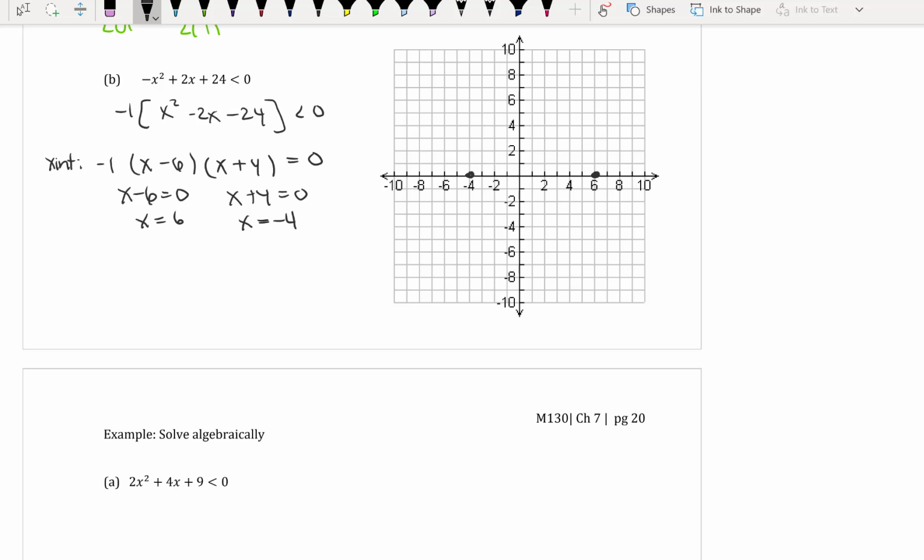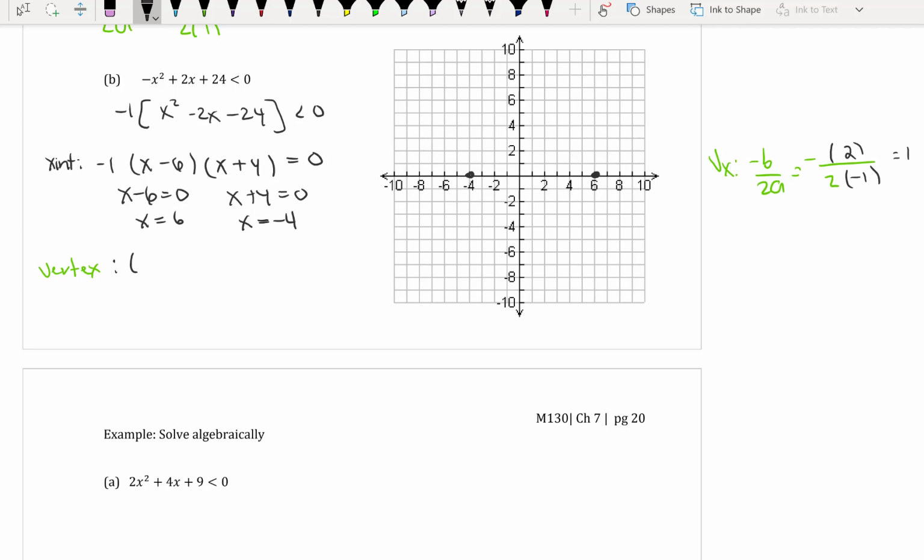Now for my vertex, remember I'm looking at that negative b over 2a. Here, that value for my b would be a positive 2, and my a value would be a negative 1. So I'd have negative 2 as my numerator and negative 2 in my denominator, which ends up giving me a positive 1.